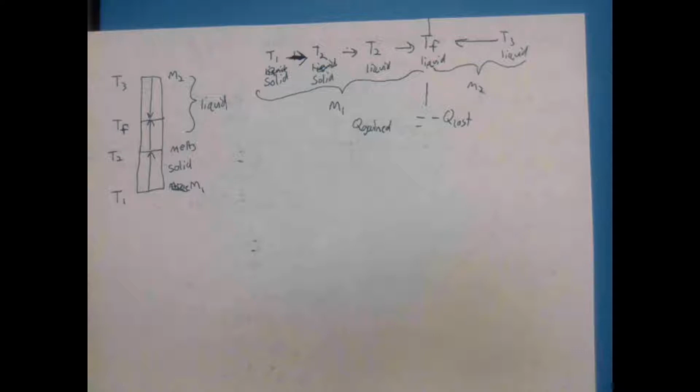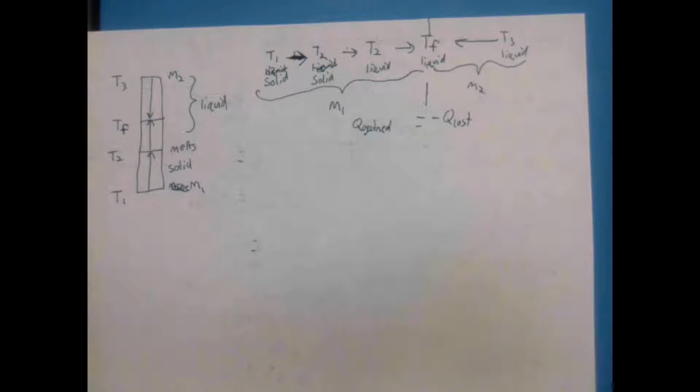So we get mass 1 times CP solid, times T2 minus T1, plus mass 1 for the melting, HF, plus M1 CP liquid, times TF minus T2, so this equation is this arrow.